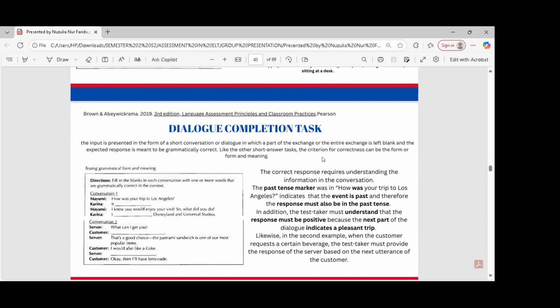And the next kind of task is the dialogue completion task. So there will be a dialogue and the students have to complete the dialogue.